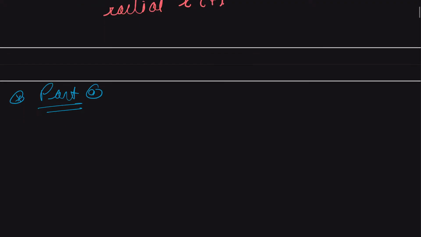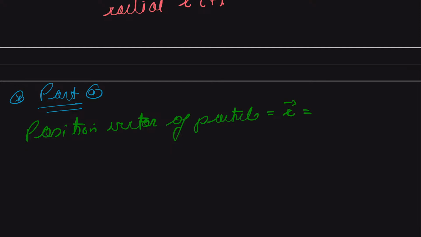Therefore we can write that the position vector of the particle, r vector, will be equal to r times a unit vector e of r, which is along the radial direction. Okay.